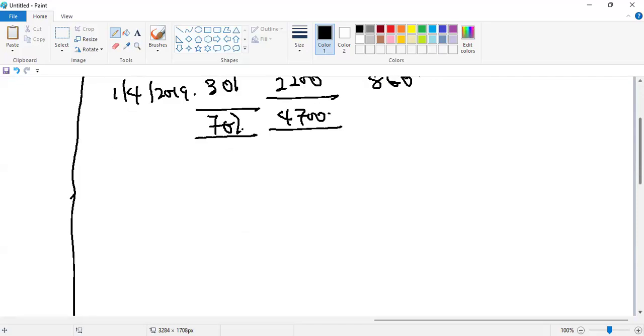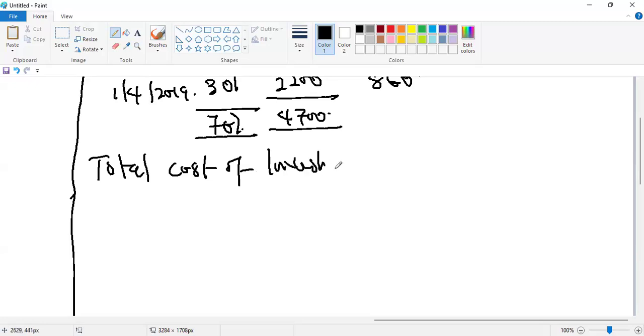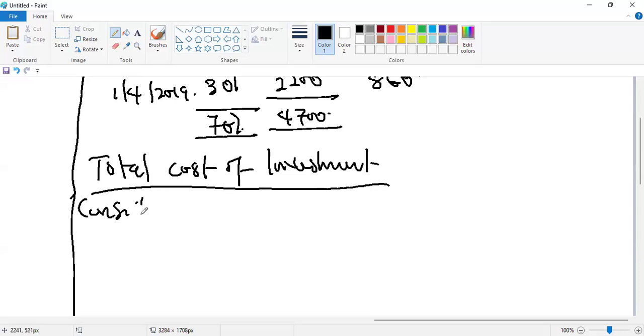Total cost of investment for the goodwill calculation: consideration transferred to have control.